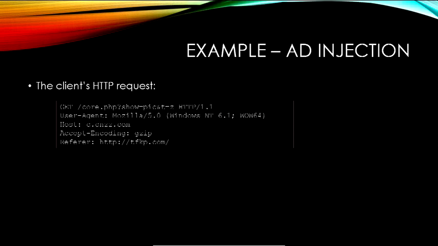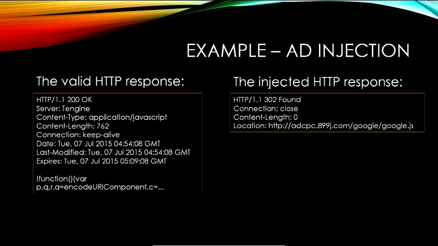As an example, just to clarify what exactly an injection is, here's an example of an advertisement injection. And here you can see an HTTP request made to a resource at cnzz.com. The user originally browsed the site tfkp.com. And in response to that request, the user got 2 HTTP responses. The left one is the valid response, which is simply JavaScript code.